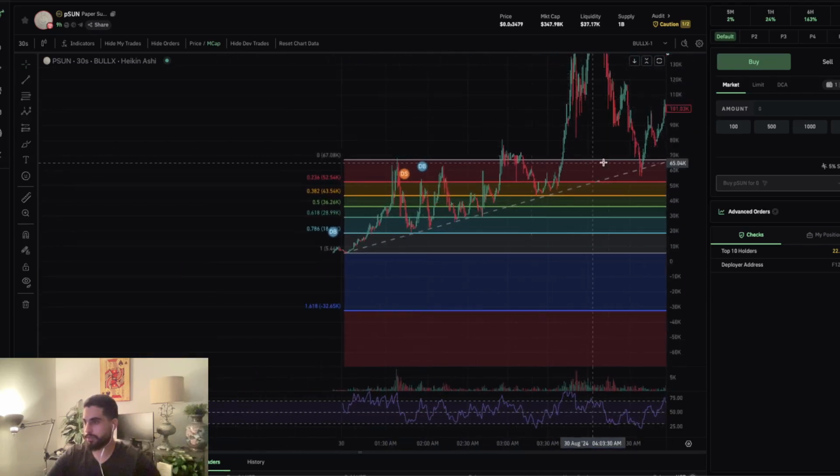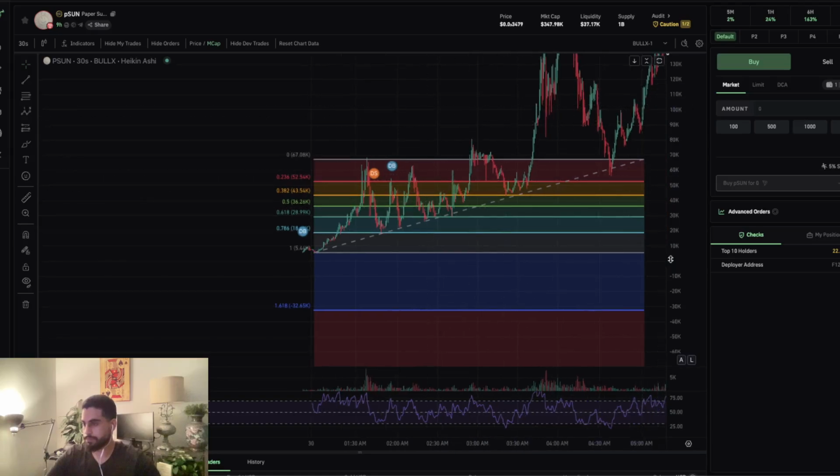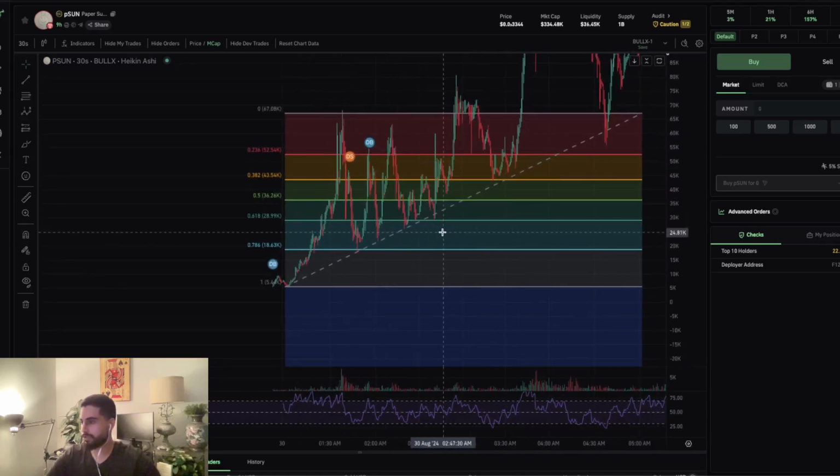Pretend we don't even have this. Look at which levels they point out. The 0.8 and the 0.5. These are levels that I can just see something changed when it got to these levels. It held here and it pushed. And it also held here and it pushed even higher.